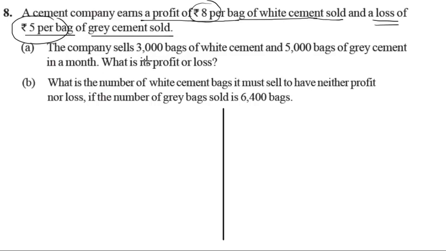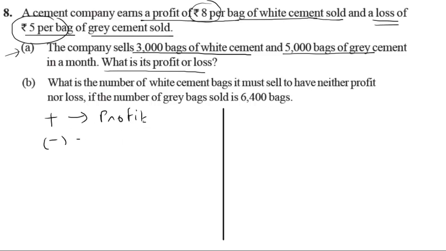Now question A. The company sells 3000 bags of white cement and 5000 bags of grey cement. What is the profit or loss? Let us denote the profit with a positive sign and the loss with a negative sign.